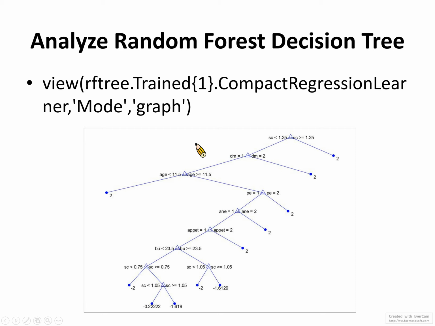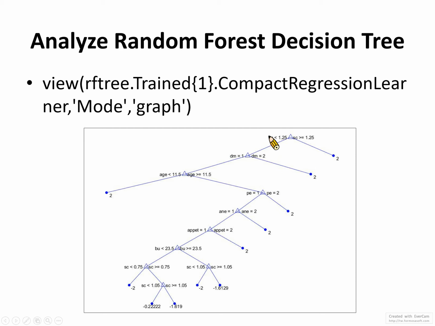So the random forest tree, although it has a consensus, will try to reach the most accurate or most consensus tree in the random forest, but it can still have a very complicated level of decisions. But you can see that for those first few levels, the result is still consistent.